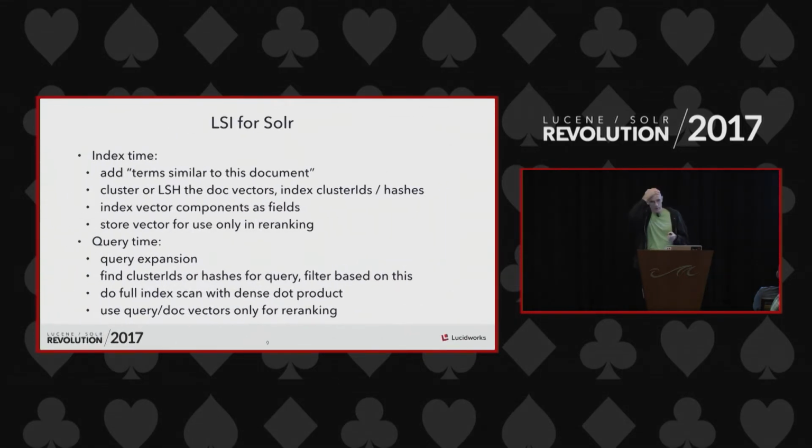But doing latent semantic indexing for Solr, you can do this. This is stuff that lots of people have done all the time, and you can do it in various different ways. You can do it at index time, where you use the decomposition to add terms similar to this document that don't occur in it into a separate field, and then search over that field with a lower weight.